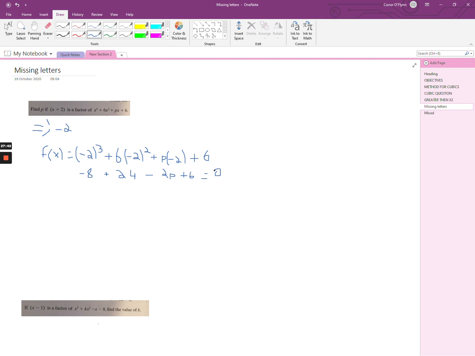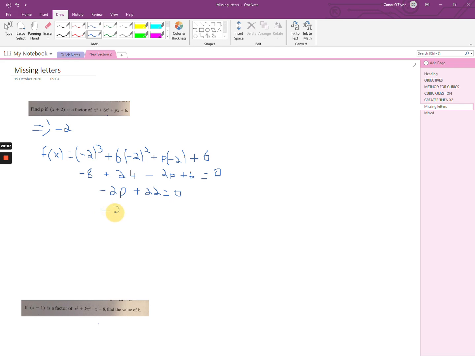So 24 minus 8 plus 6. So it's 22. So we'll just write it out again. -2p. Let's tidy all this up. The numbers up first. Plus 22 equals 0.